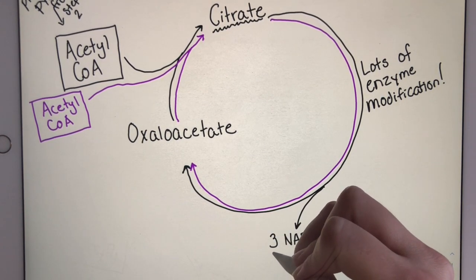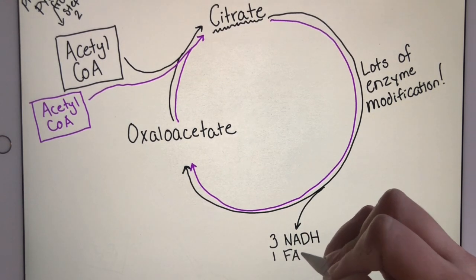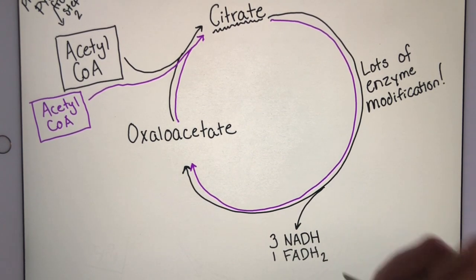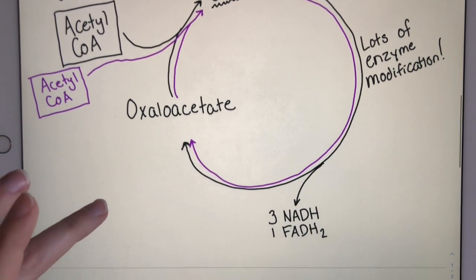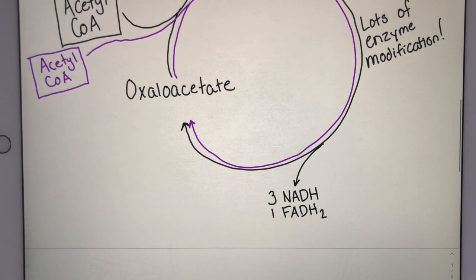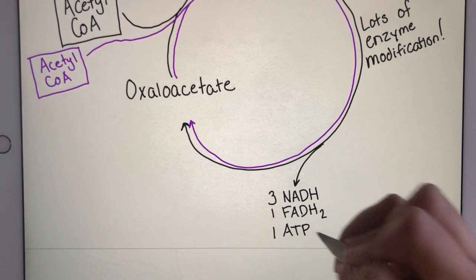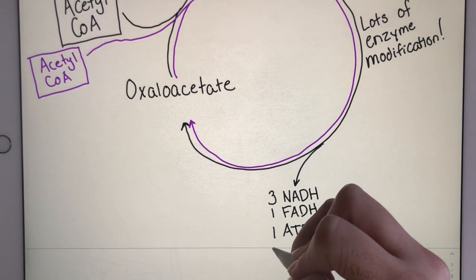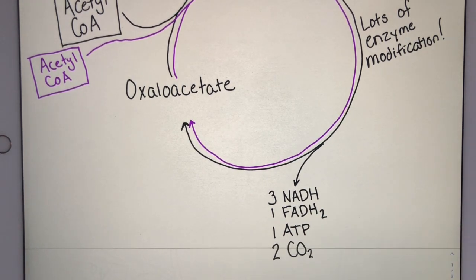We also get another type of electron carrier called FADH2. That one's extra nice because now we picked up 2 hydrogens. We get 1 ATP, so an ADP has picked up a phosphate somewhere here. And we get 2 molecules of our waste gas, which again, remembering the equation, is CO2.